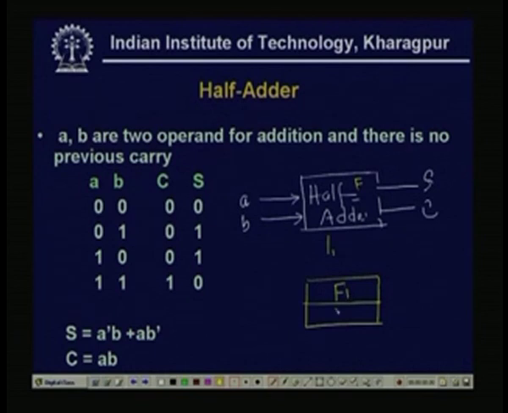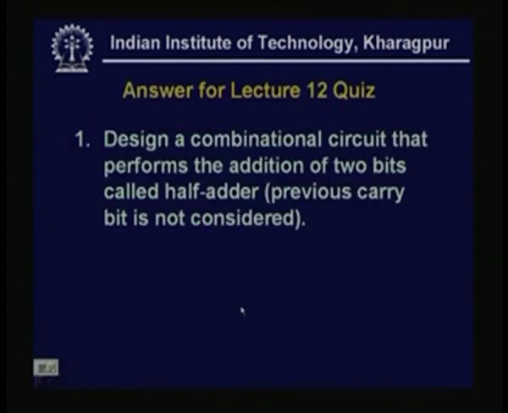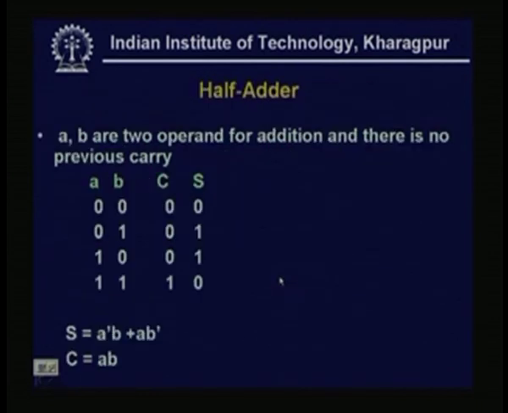So I can define F1 and F2, where F1 gives the sum S, F2 gives the carry C, and both are fed by A and B. Now, if I draw the maps, what will happen?